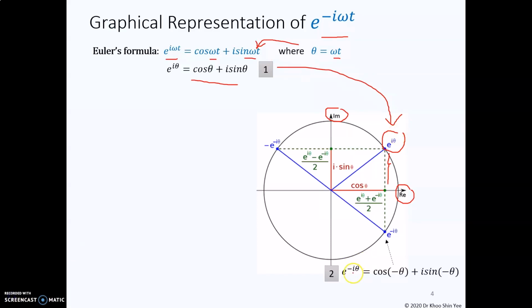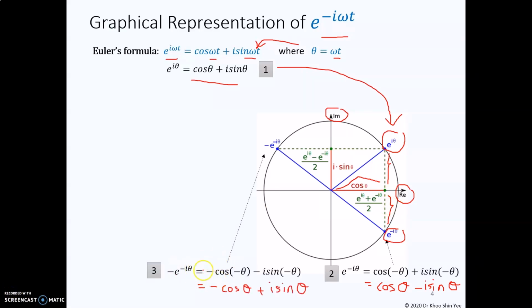By using the Euler formula, we can obtain exponential negative i angle equal to cos negative angle plus i sin negative angle. So cos angle is the same as cos negative angle, while negative sine angle is equal to sine negative angle. So with that, if we plot it, we will obtain e power of negative i angle to be in this form, where this is the cos angle, while here is the negative i sine angle.